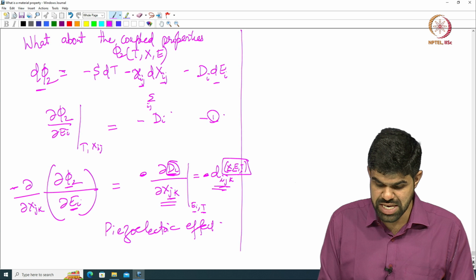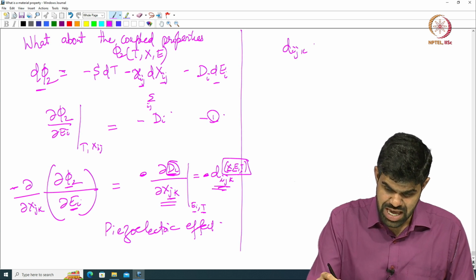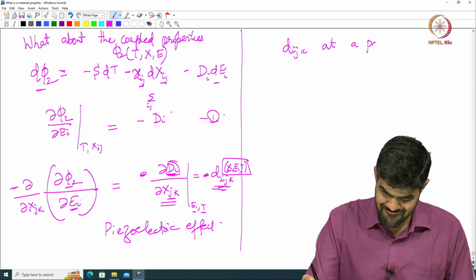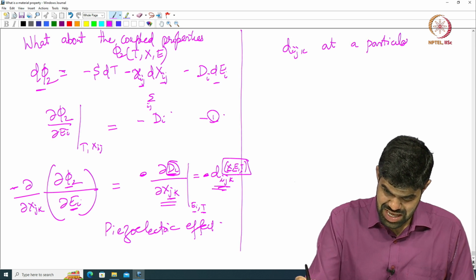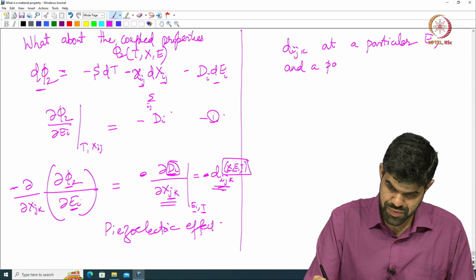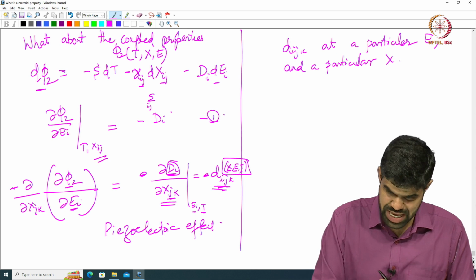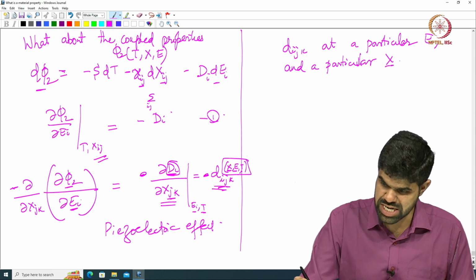So, I have calculated this dijk at a particular electric field and at a particular x, because here I put the xij constant at a particular stress state.